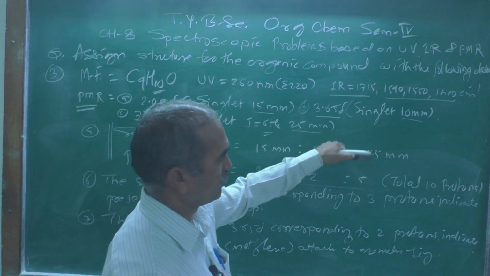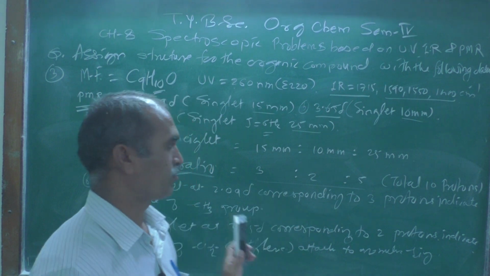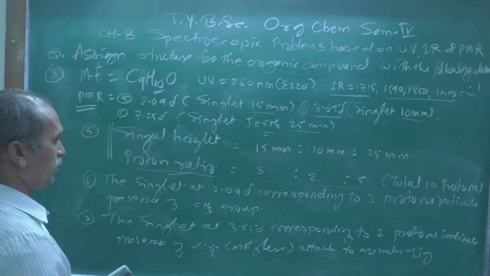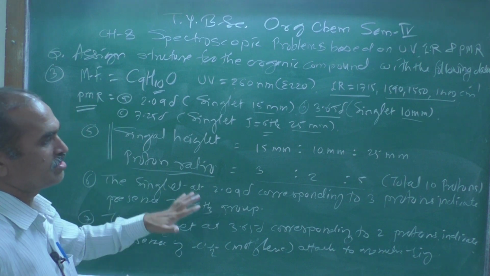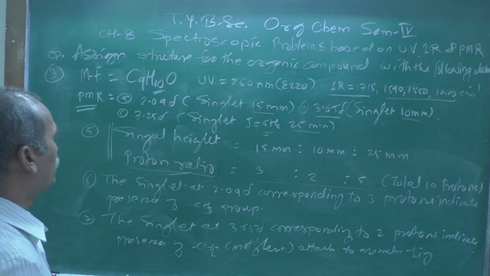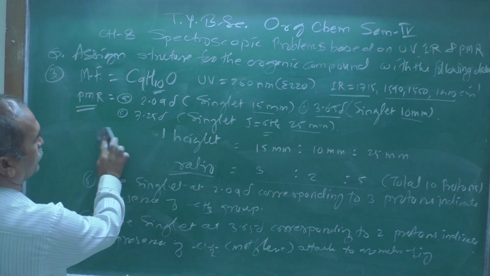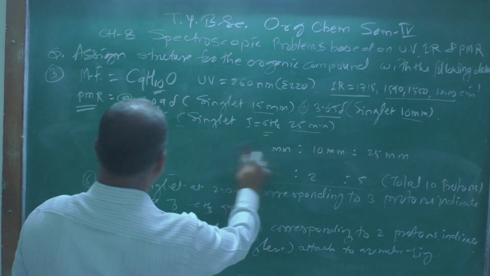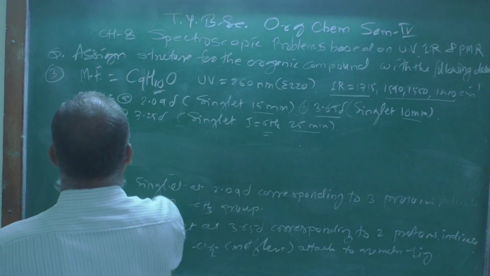If the total matches, it means the problem is correct. If that figure is not matching, it means there is some mistake in the problem. So let's see point number 8 here.